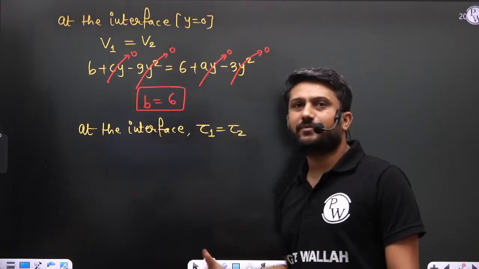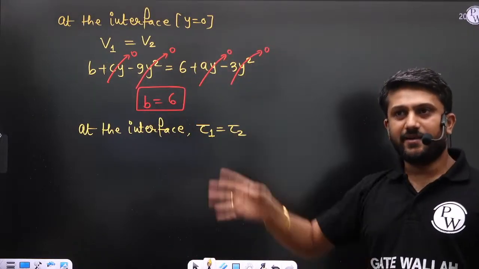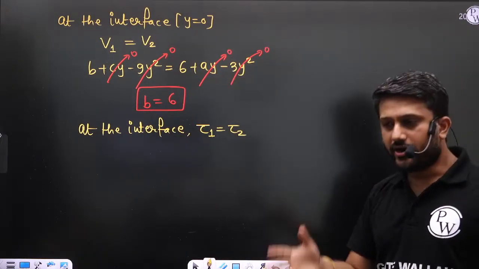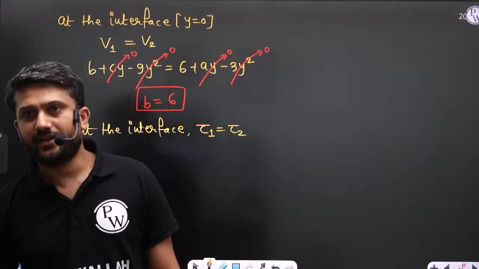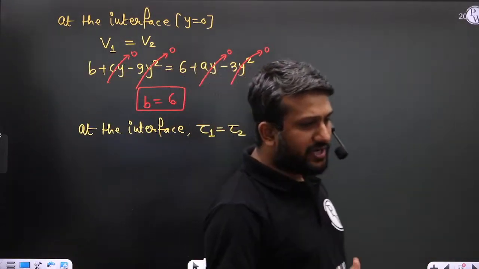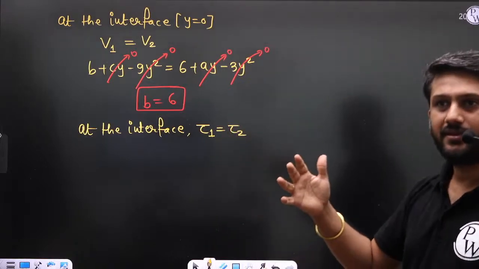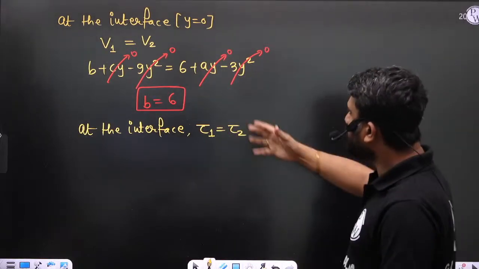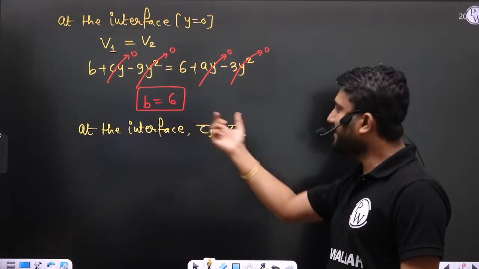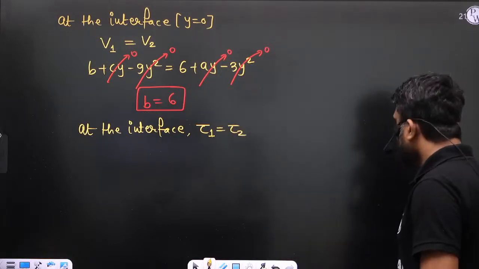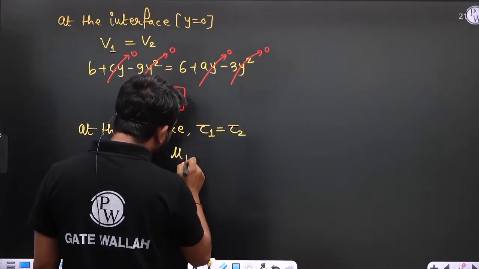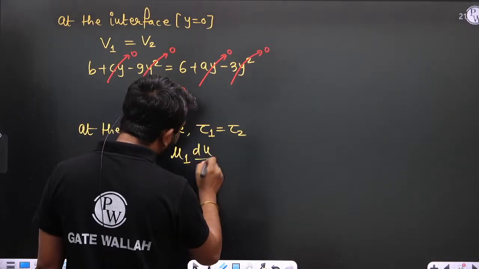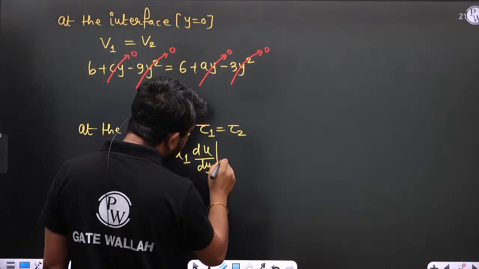I already explained the application of Newton's law of viscosity. I discussed around 10 to 11 cases, so I hope you remember these concepts. At the interface, tau1 is equal to tau2. So simply we can write tau1 is equal to mu1 du by dy at y is equal to 0.